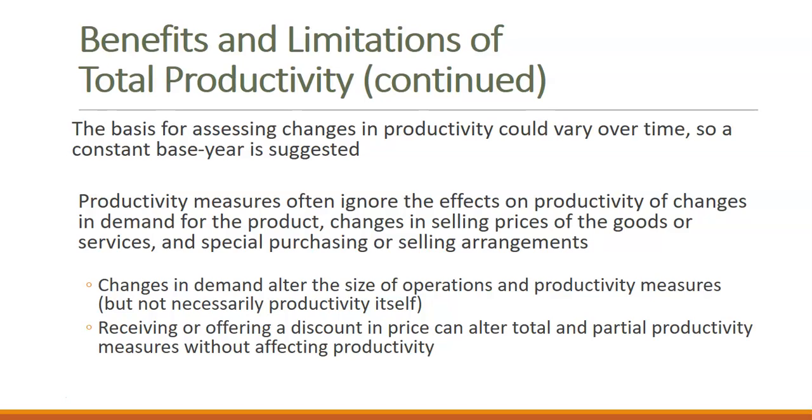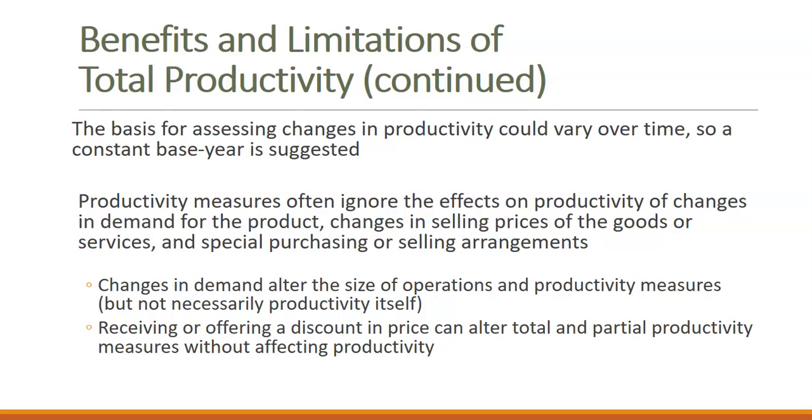These productivity measures aren't looking at the effect of changes in demand for the product or changes in selling prices. So we are going to be looking at the types of variance analysis that we do that does give us information about changes in selling prices or changes in demand for a product. Because changes in demand alter how much we produce and sell of items.